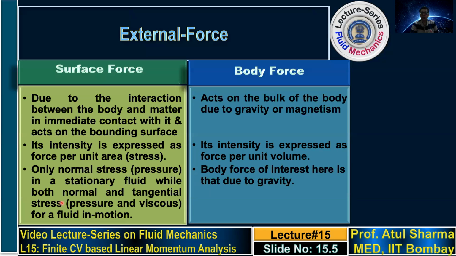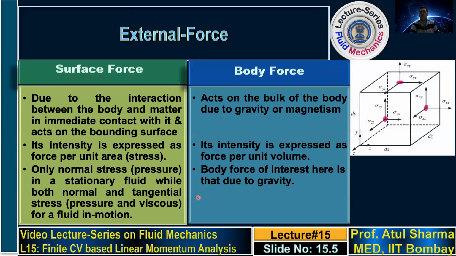So let me show you a fluid body or fluid control volume. In this, I am showing you the stresses denoted by sigma. So the stress that I am showing you here, let me call this viscous stress. So this is a surface force.